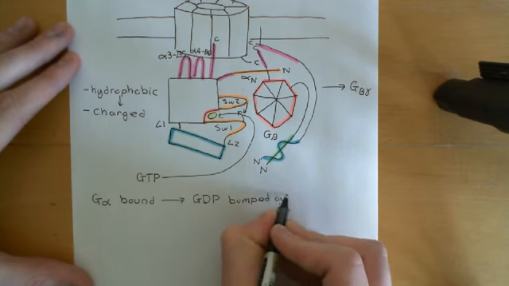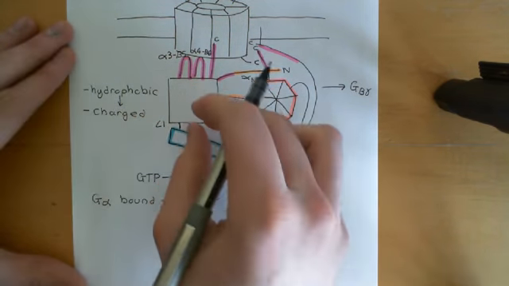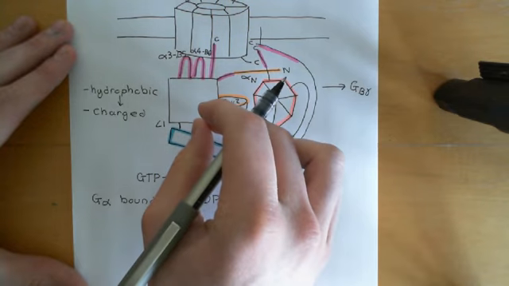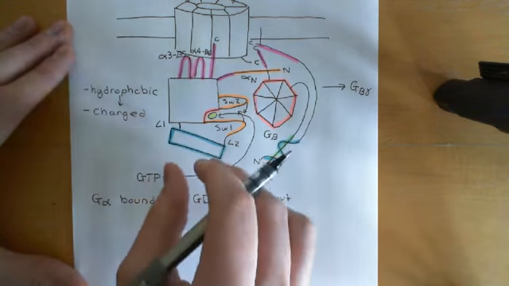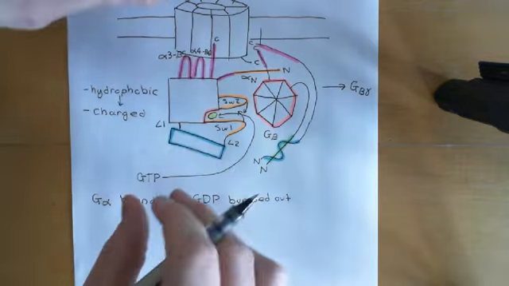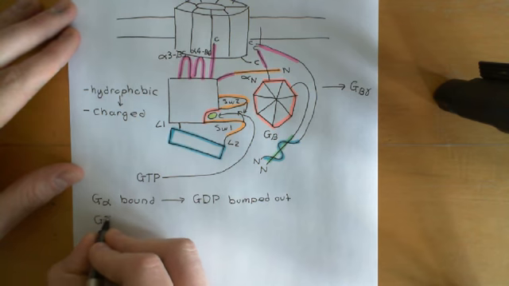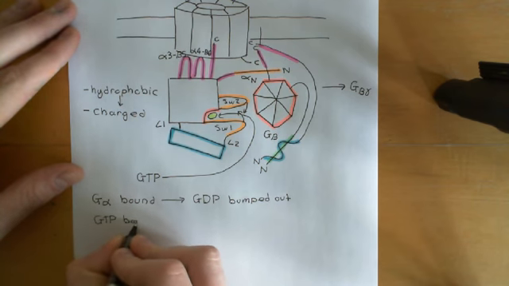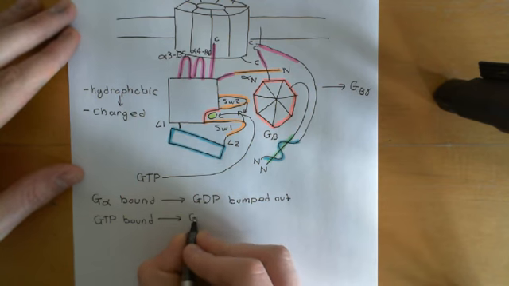Now what's going to happen is that basically a stronger force is coming in here. The guanosine triphosphate has come in here, and basically it's as though it pulls everything back. It pulls all of these things back, and then pulls them off the G protein coupled receptor. So now GTP comes in and binds, and that basically bumps the G protein coupled receptor off.